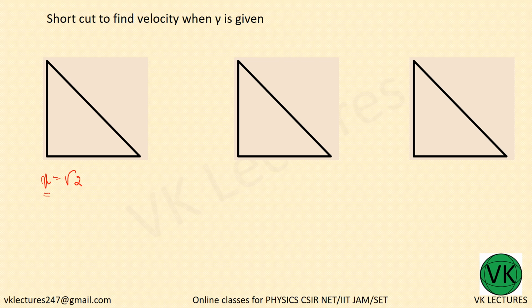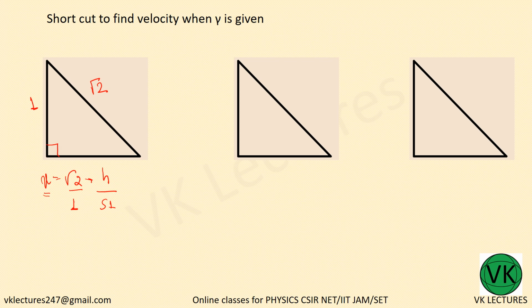So write it as a fraction, gamma equal to root 2 divided by 1. The numerator is the hypotenuse and the denominator is any other side. Let me call it side 1. So I am writing root 2 here as hypotenuse and side 1 as 1.